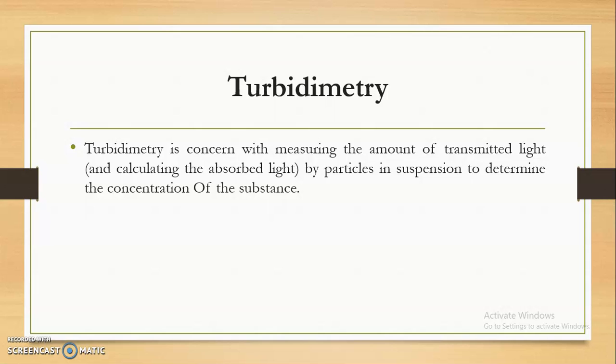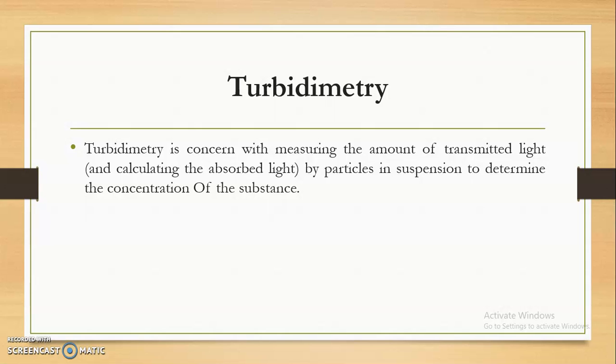Turbidimetry is concerned with measuring the amount of transmitted light, whereas in nephelometry we have seen that it involves the measurement of scattered light. Turbidimetry is based upon the measurement of transmitted light, and the calculation of the light absorbed by particles in suspension is carried out to determine the concentration of the substance.